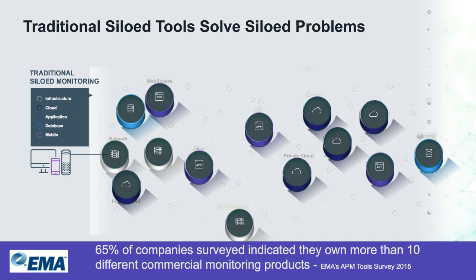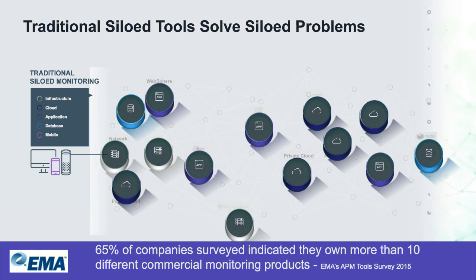Well, here's the catch. Using multiple monitoring products means multiple sources of data and information that is not in context, and ultimately it leads to multiple sources of confusion when an emerging performance issue starts to arise.